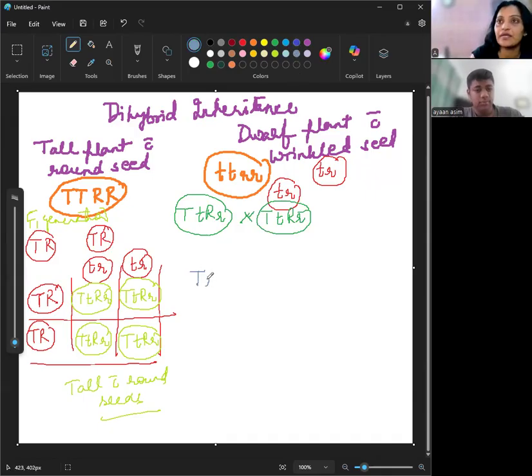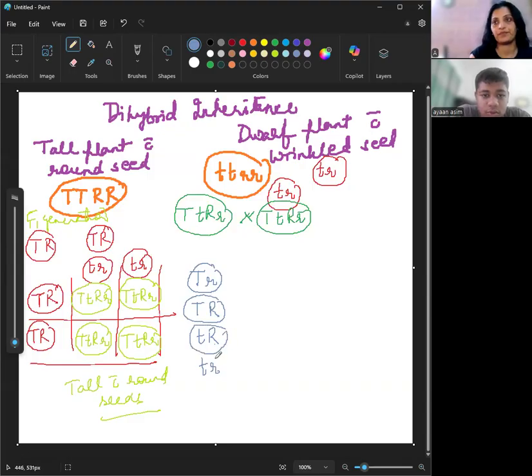The gamete can be this, it can be this, it can be this, and it can be this. So there are basically four types of gametes which may form, and it can be one out of these four. The other parent will be the same.